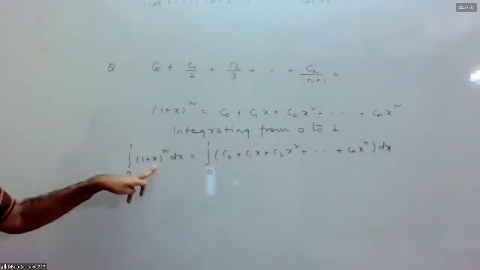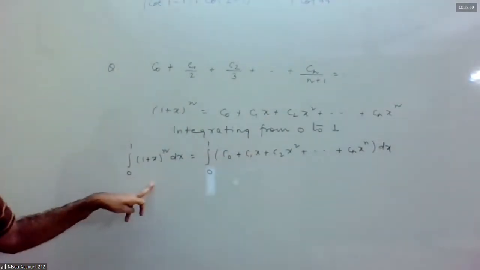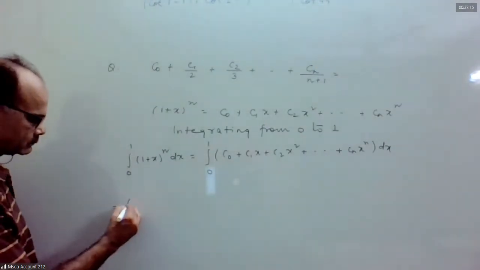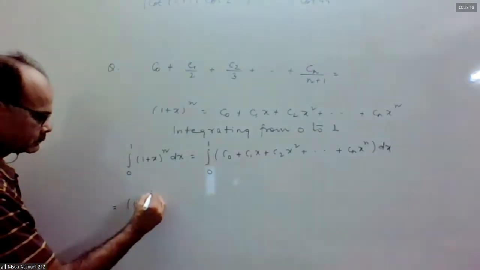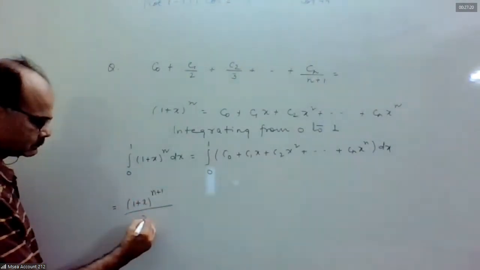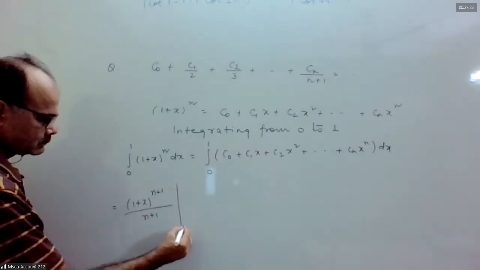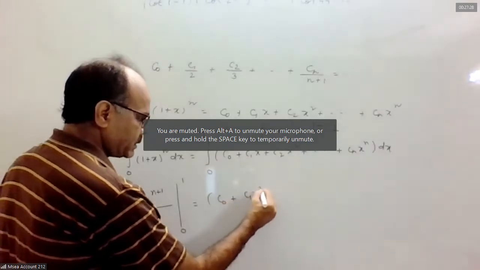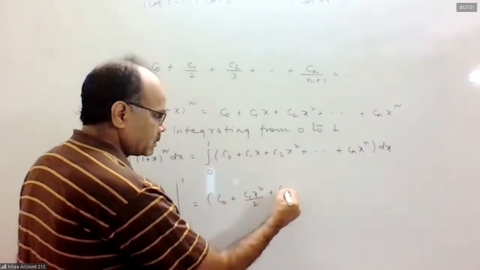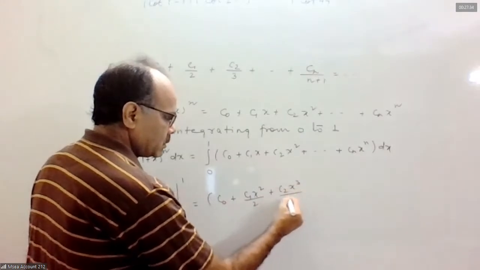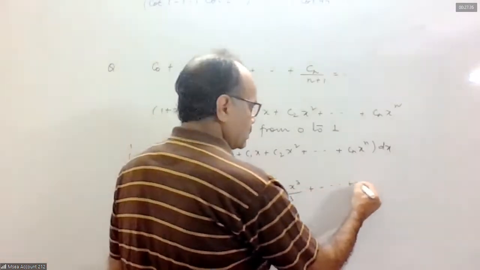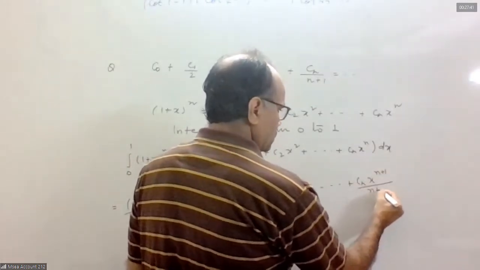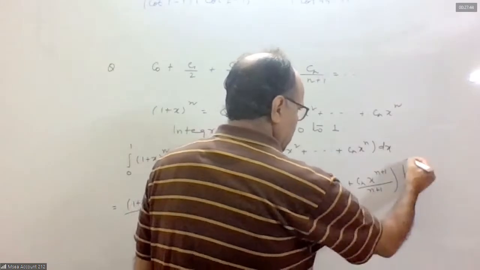Here, 1 plus x to the power n plus 1 by n plus 1, if you put the limit, it will be C0 plus C1x square by 2, from 0 to 1.